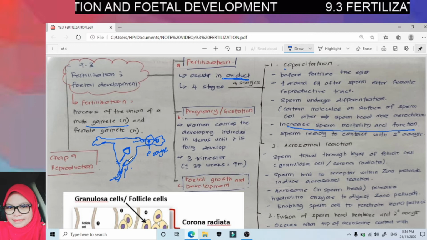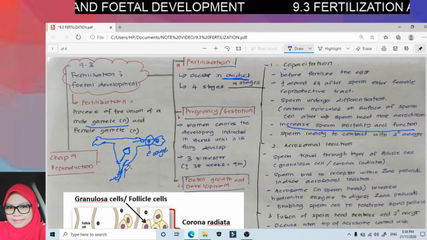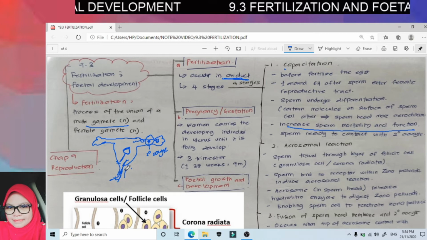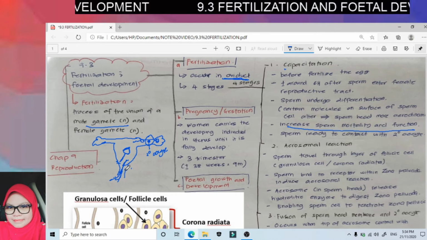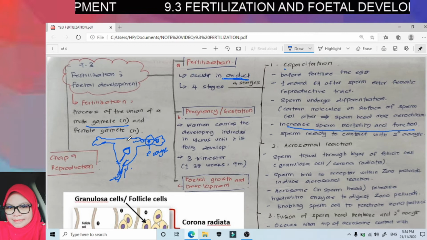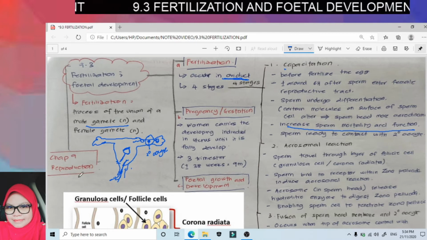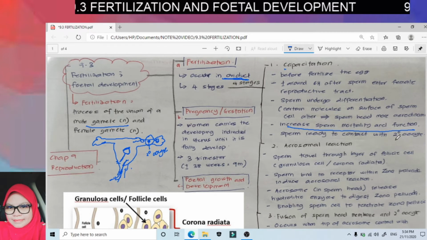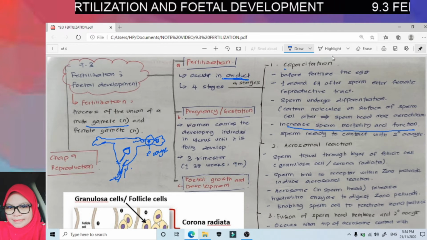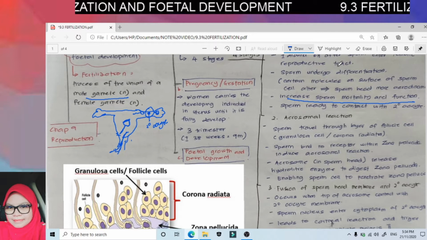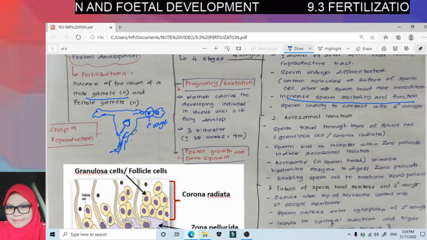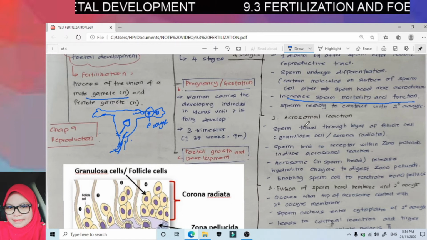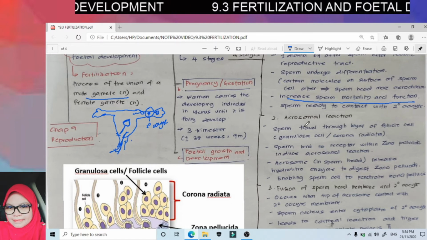During capacitation, the sperm may undergo differentiation to increase sperm motility and function. When it reaches the secondary oocyte, the sperm is ready to contact it. Once it arrives at the secondary oocyte, it enters the second stage, which is the acrosomal reaction.